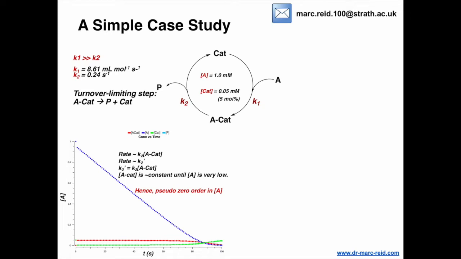The concentration of A cat is approximately constant until the concentration of substrate A is very low. So what we're saying overall is that for the majority of the reaction is pseudo zero order in A.